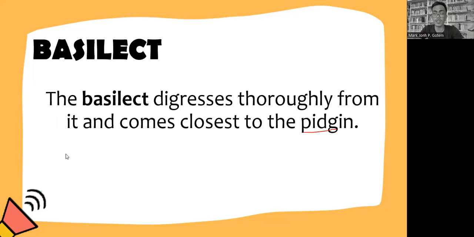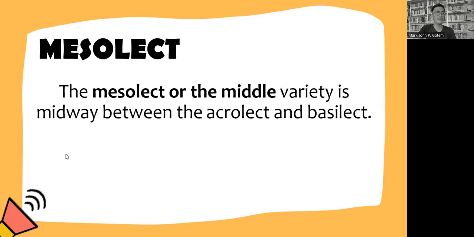It is a language used for trade, trade between speakers of different languages. And also Basilect is a less prestigious dialect or variety of a particular language. If the Acrolect is prestigious, the Basilect is less prestigious.